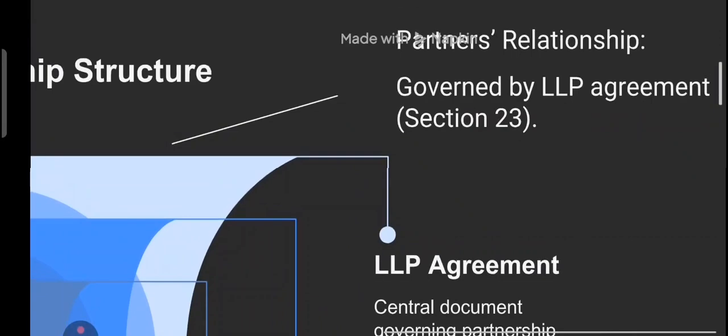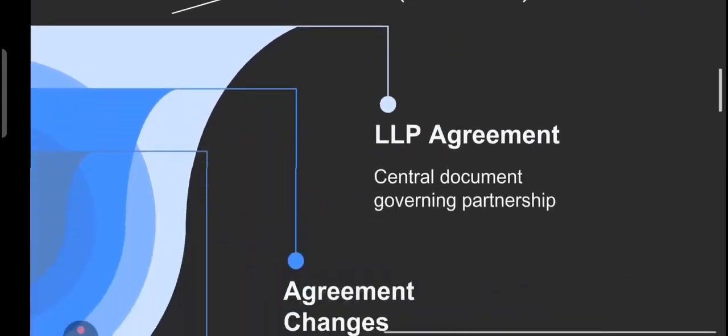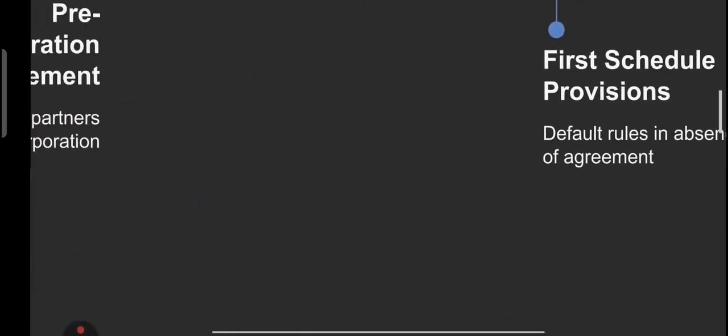Then we have the pre-incorporation agreement. Before the LLP is officially registered, the partners may agree on some terms, and this agreement must be confirmed by all partners after the LLP is formed.